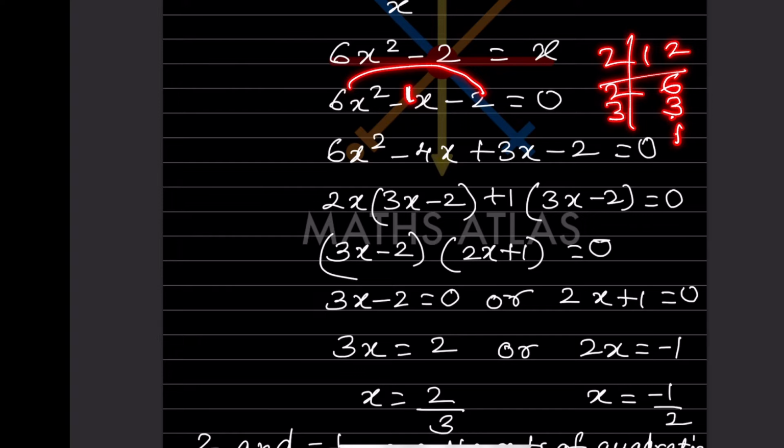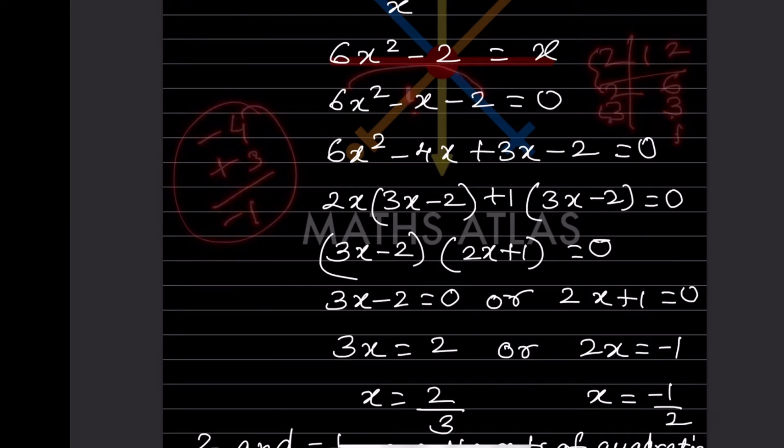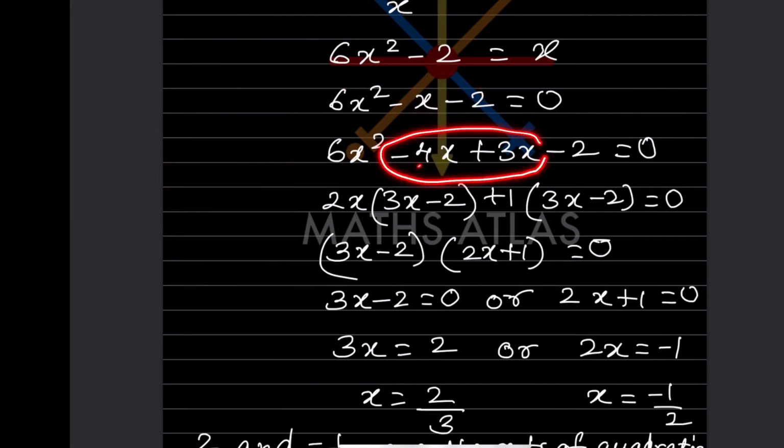How are we going to get minus 1? It is going to be 4 and 3, but 4 we want minus, so minus 4 plus 3. So that should be minus 1. Hope this is clear. So now see here, minus 4x plus 3x, which will be minus x, and the rest of everything is the same. Now again we will make two groups.